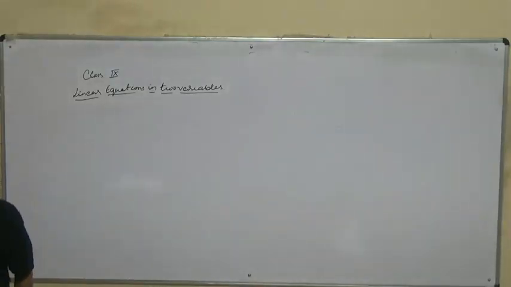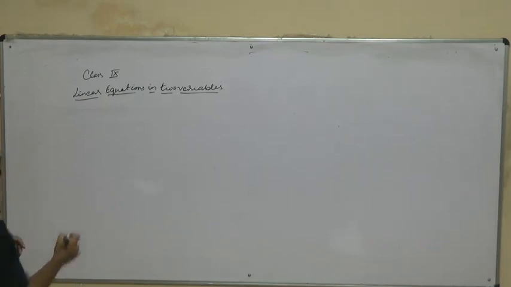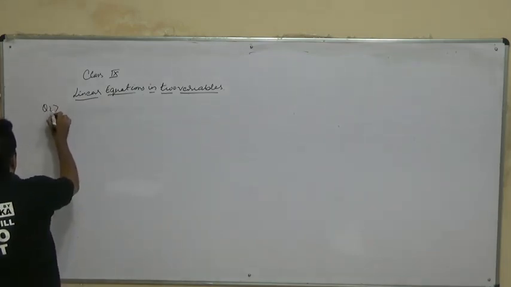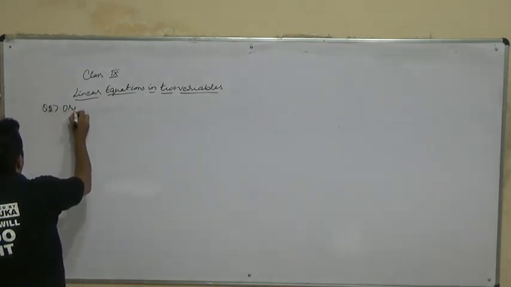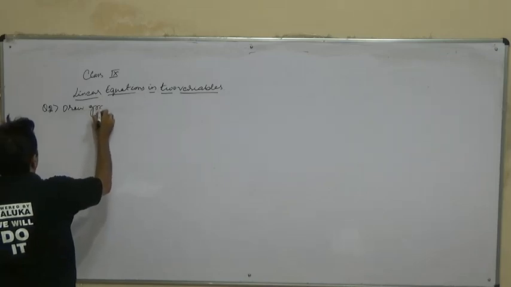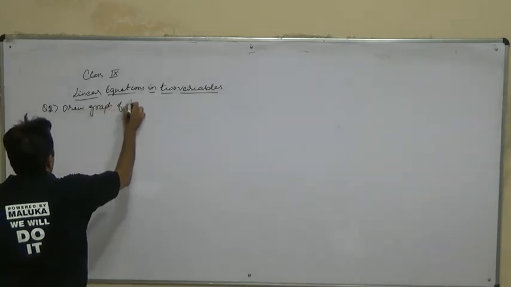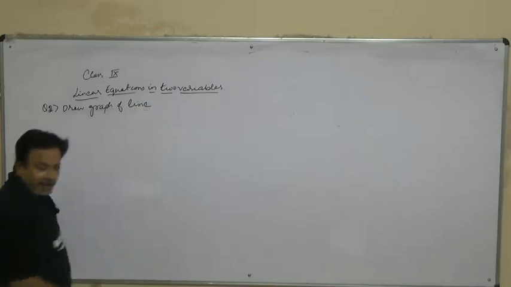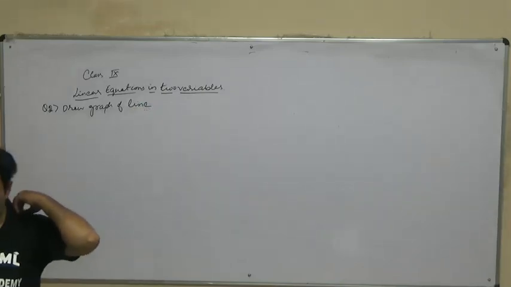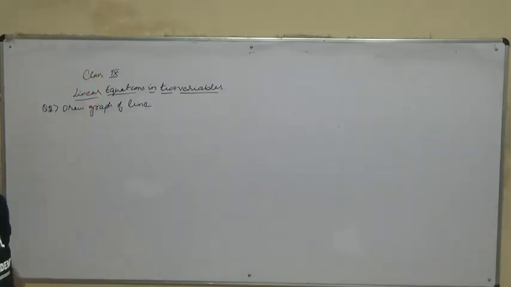Now the next question is x minus 3y is equal to 4. We have to draw the graph of the line. Question number two is: draw the graph of the line x minus 3y is equal to 4.